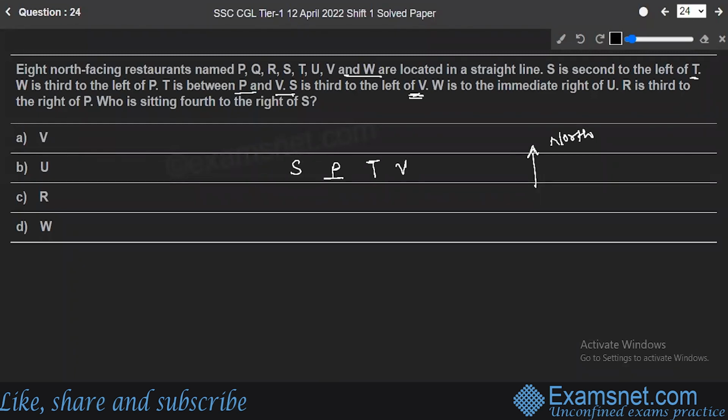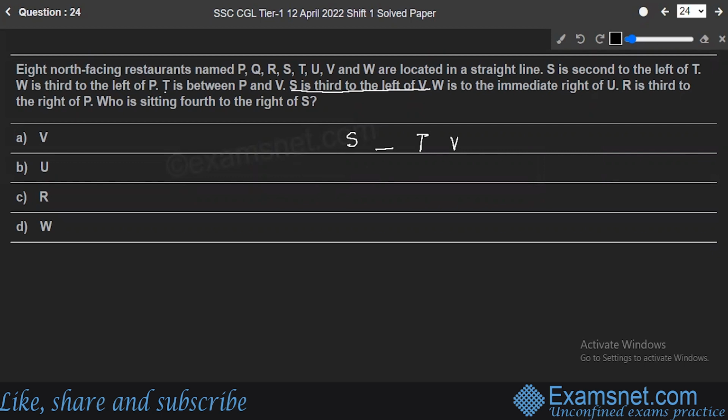See, I'm repeating this thing again. In the first part, it is said S is second to the left of T, right? Here is T. S is second to the left of T. So here is S, and here is something in between. It is also said S is third to the left of V. So that means V comes over here, right?